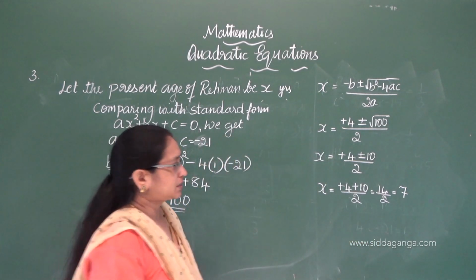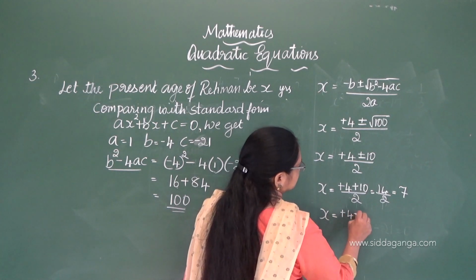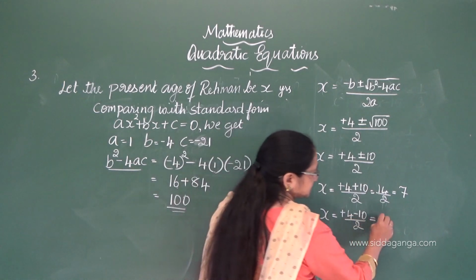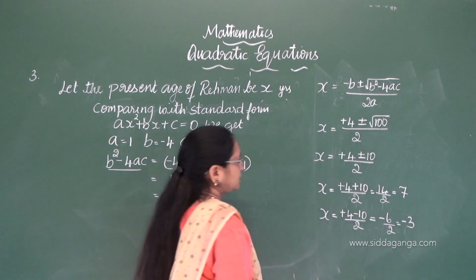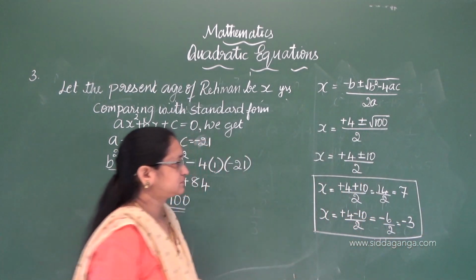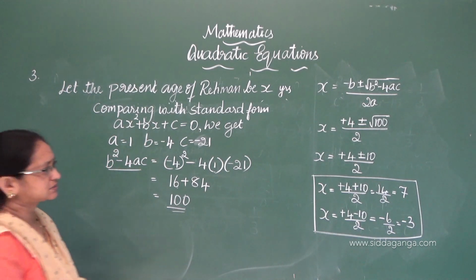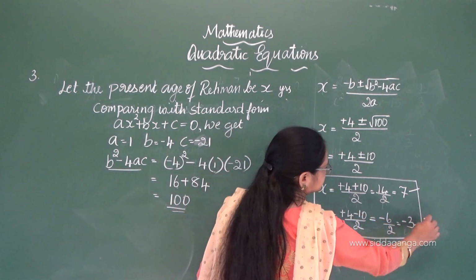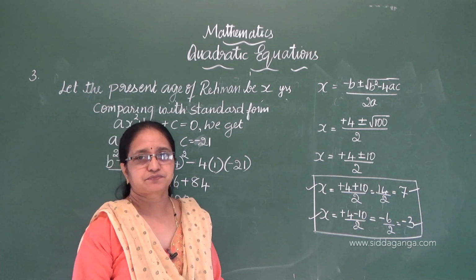Next, another one, x is equal to plus 4 minus 10 by 2, that is minus 6 by 2, that is minus 3. Now you just note these values. So now we have x as 7 and minus 3.